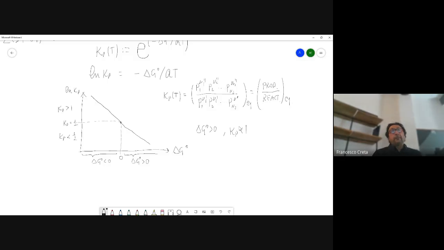If this ratio is smaller than 1, that means that at equilibrium the reaction will favor reactants. So this is bigger than this, clearly, okay?